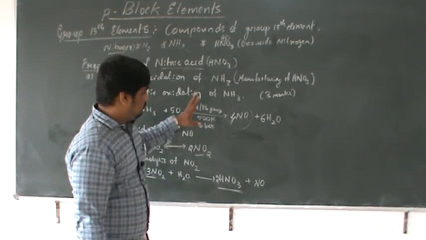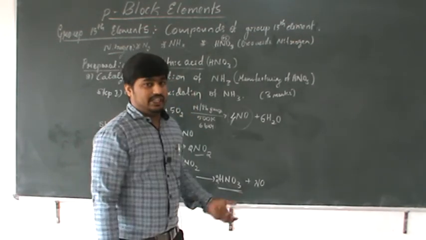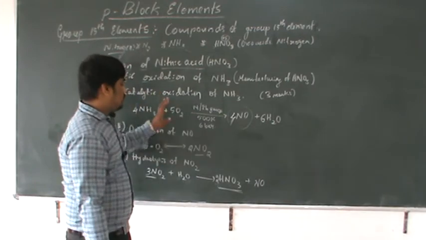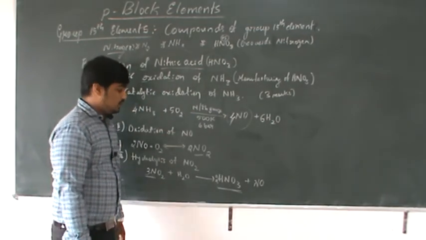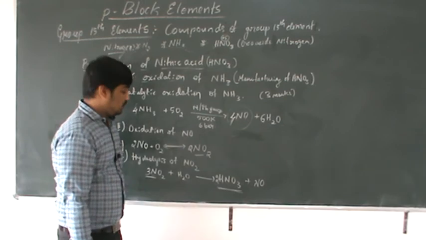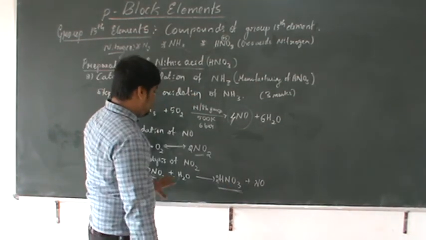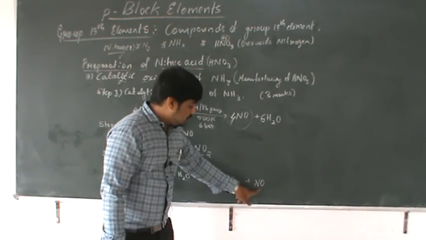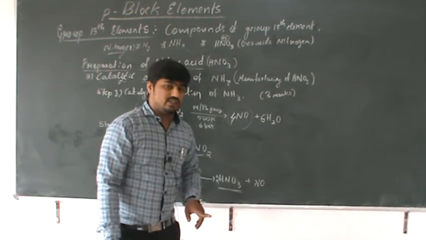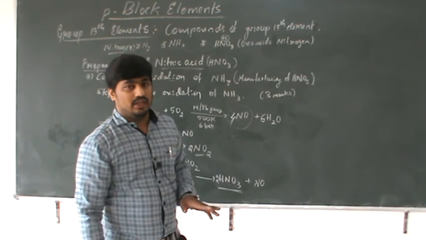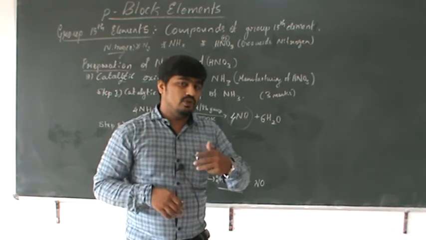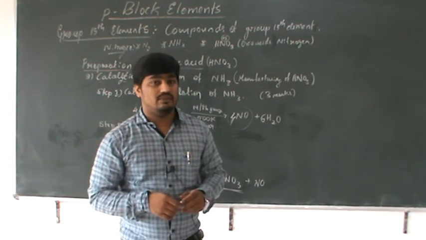Okay, there is a high possibility of a question based on this reaction. There is a 90% guaranteed question on the manufacture of ammonia and this one. Here one additional thing is there. The produced nitrogen monoxide is toxic. At the industrial level, suppose we produce a toxic gas, what happens?